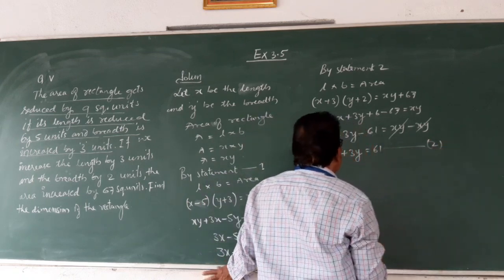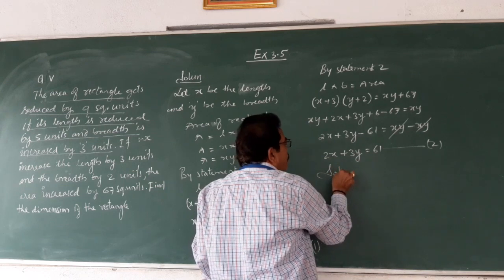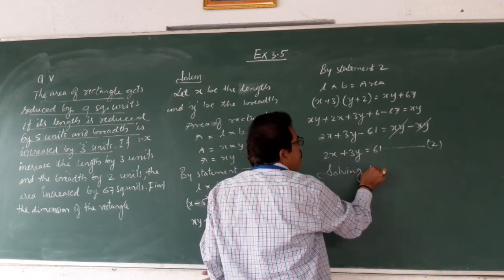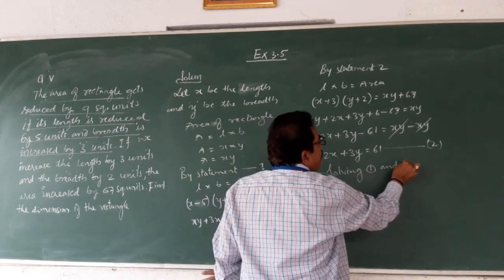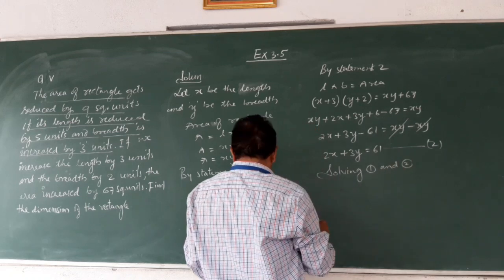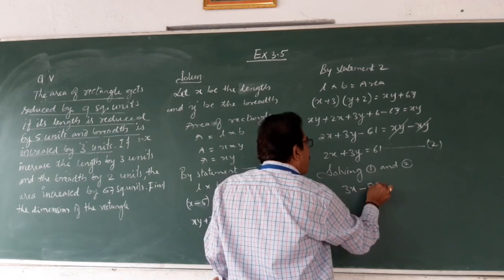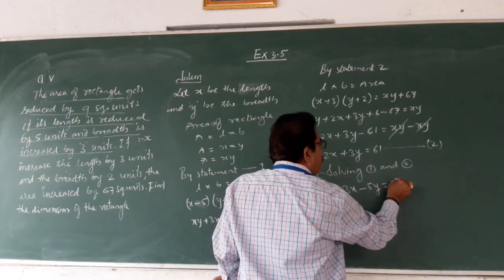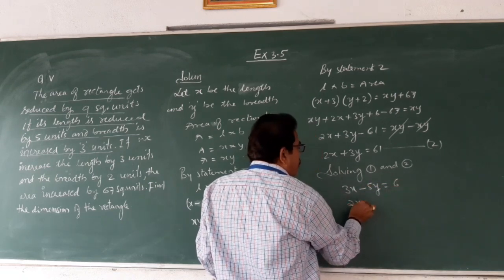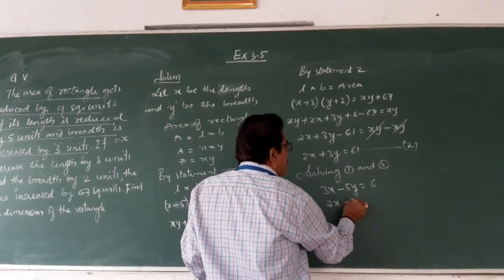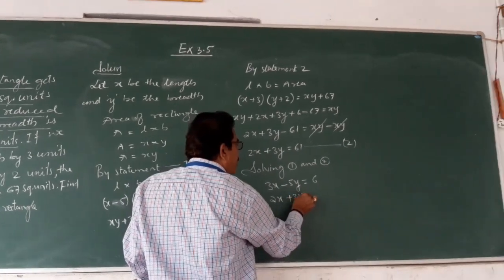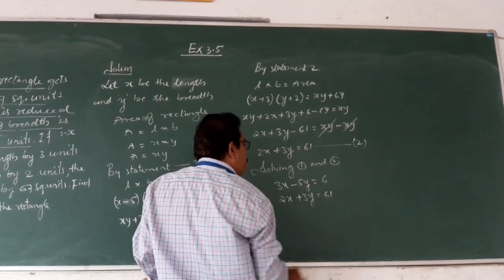Second, solving 1 and 2. 3x minus 5y equals 6, and 2x plus 3y equals 61.